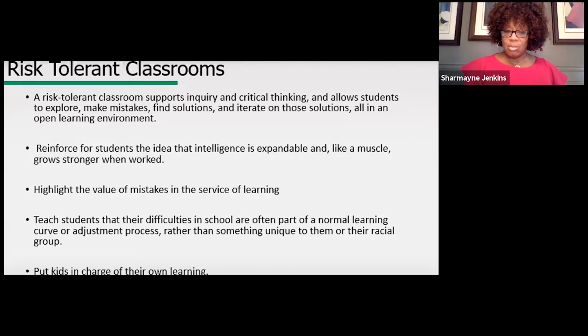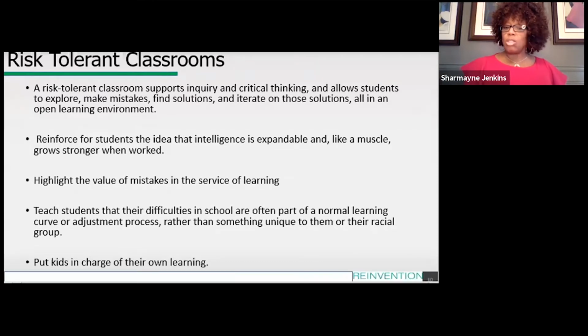Let me expand the screen a little bit. Put the kids in charge of their own learning. Teach them that their difficulty is just a part of normal learning and adjustment rather than something that's unique to them or their racial group. Because while minorities do have their own types of stereotype threats, kids in all age groups have something they're worried about, right?